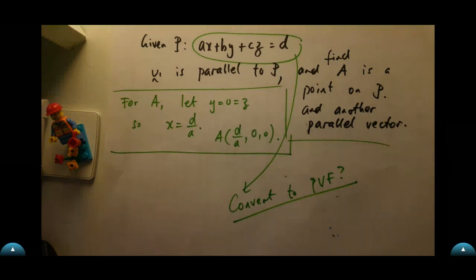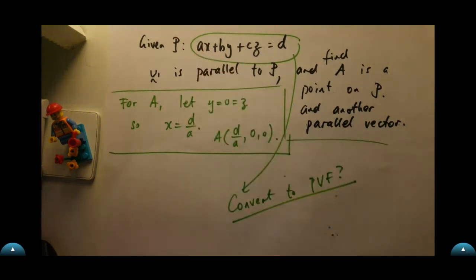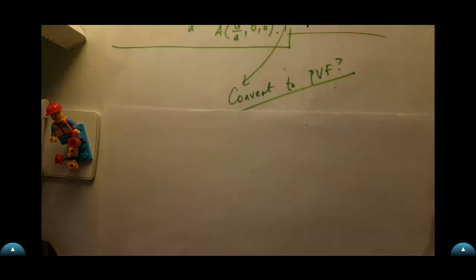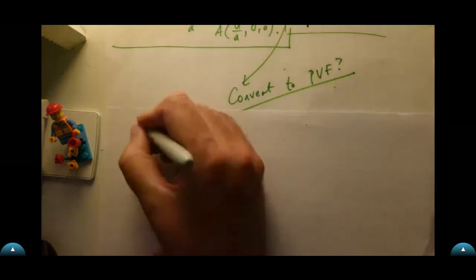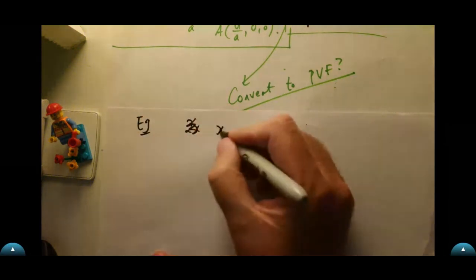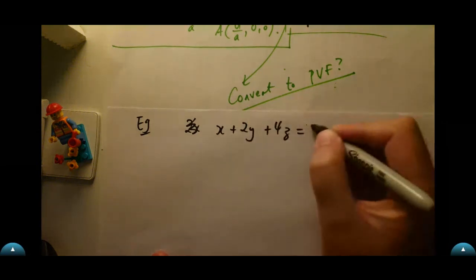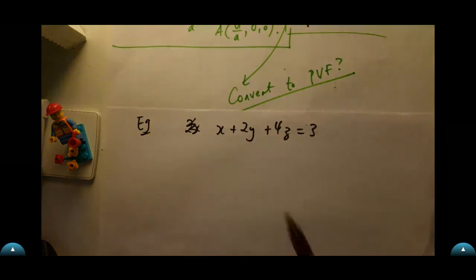Okay, so if you have something like, let me find a piece of paper here. If you have something like this, let's just do x plus 2y plus 4z equals 3, right?